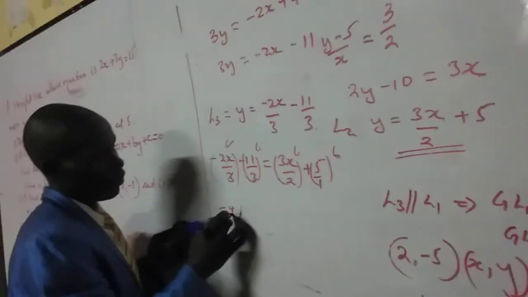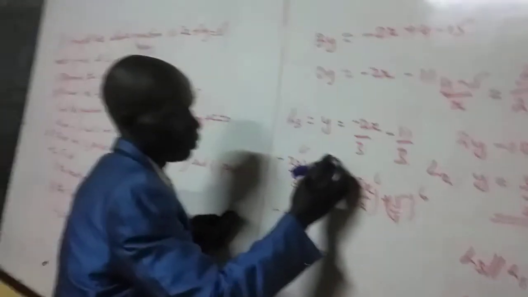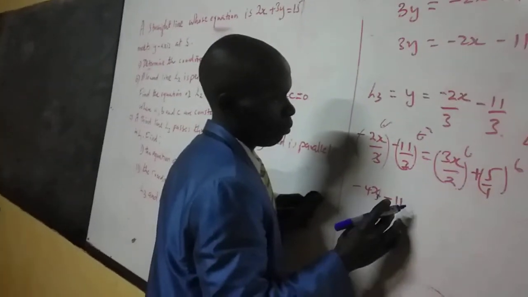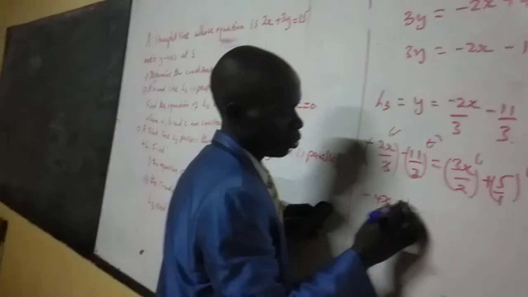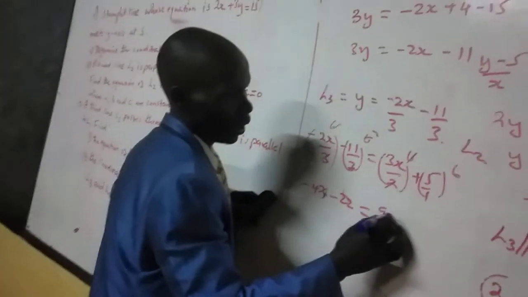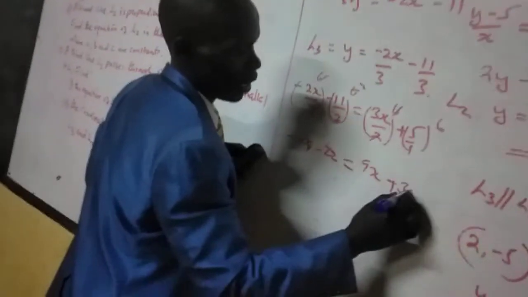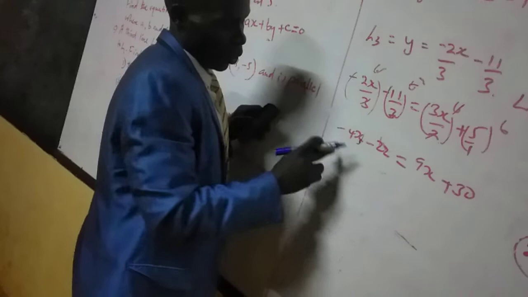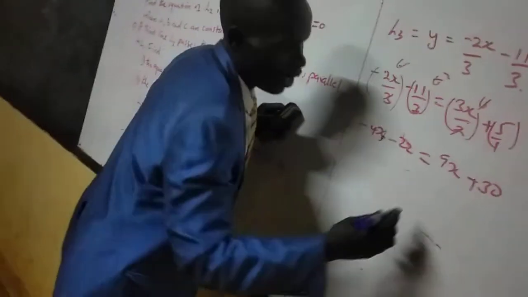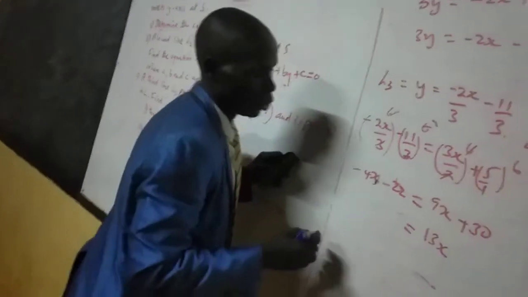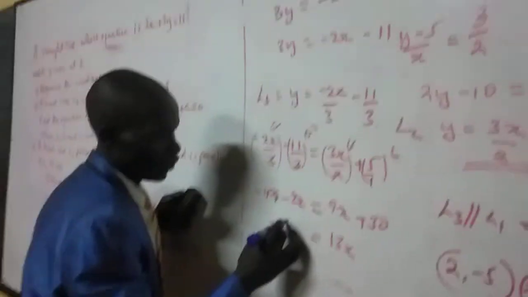That is minus 4x minus 11 minus 22 is equal to 9x plus 30. Is that correct? So we collect like terms. So we have 13x will be equal to negative 52.